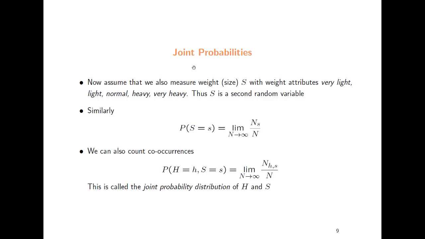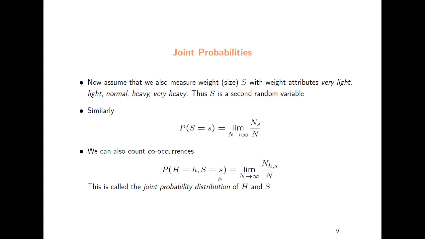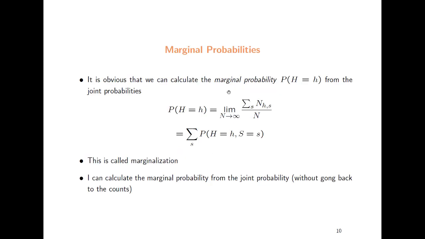Now it gets interesting, because we can also discuss the dependency or the relationships between random variables. First of all, let's say we have this quantity, or an estimate of this, and we are interested in just one of the probabilities, height or size. How do we get that? That process is called marginalization.